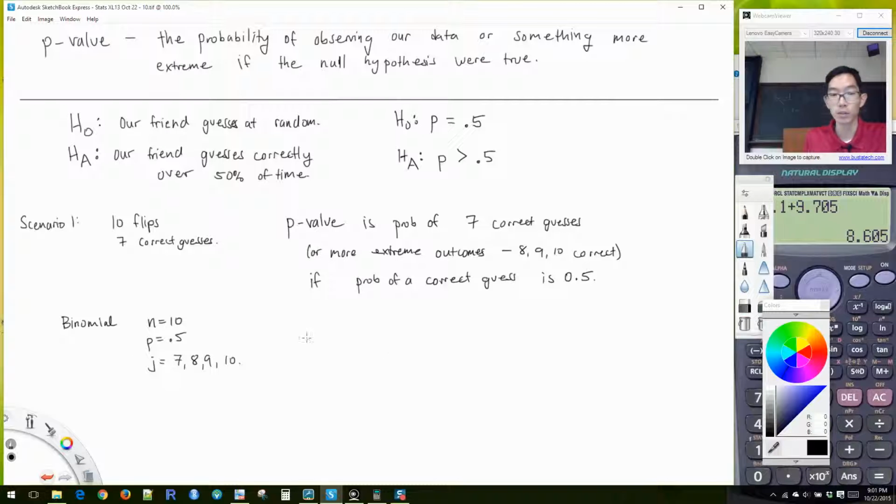Okay, so I can solve this doing 10 choose 7, 0.5 to the 7 times 0.5 to the 3, plus 10 choose 8, 0.5 to the 8, 0.5 to the 2. These actually all reduce to 0.5 to the 10, all the way up to 10 choose 10, 0.5 to the 10 times 0.5 to the 0.